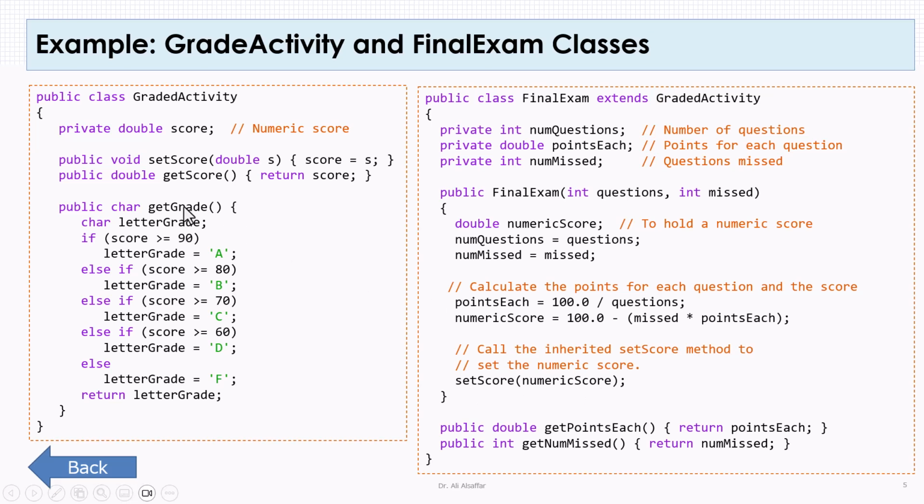But notice that we have a method that is public for setting a score. So we can call this inherited method by saying setScore, and we supply numeric score as a parameter. It will copy it into score. So the data score is not inherited, but the method setScore, because it was public, was inherited and used inside the FinalExam class.